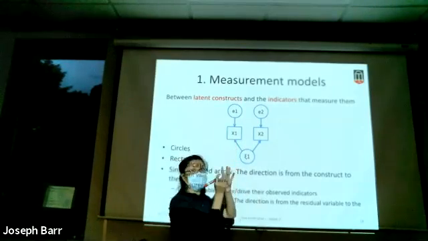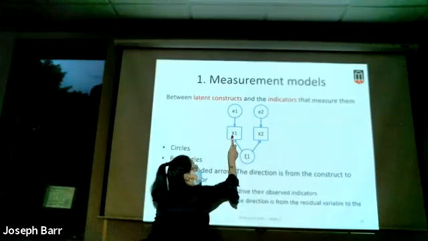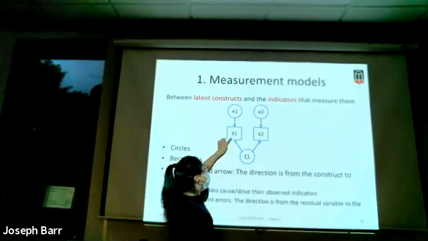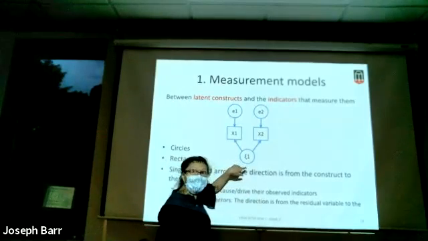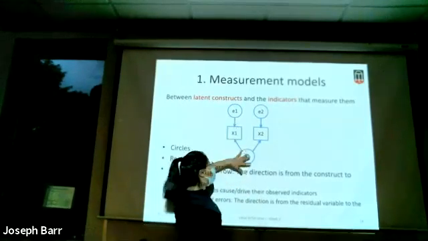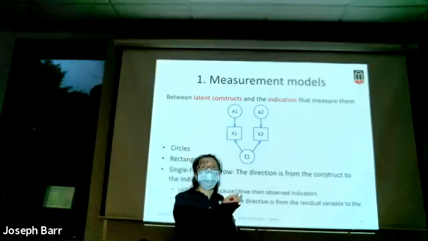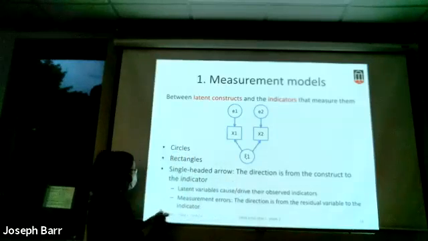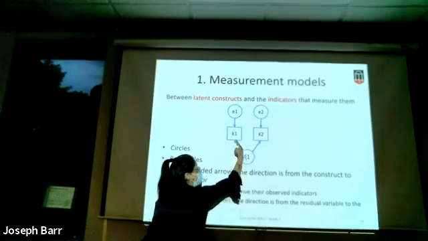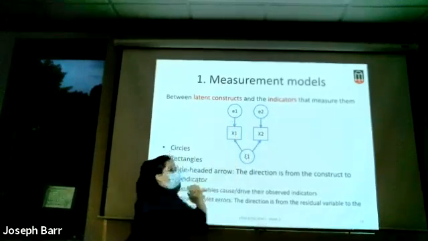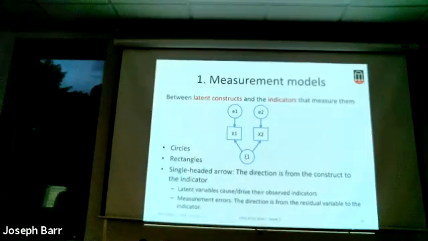So this is a combination of measurement error and the true score or the latent trait. By combining these two parts, we have the observed score. That's why the single-headed arrow is from here to here, and from here to here. You cannot reverse the direction.